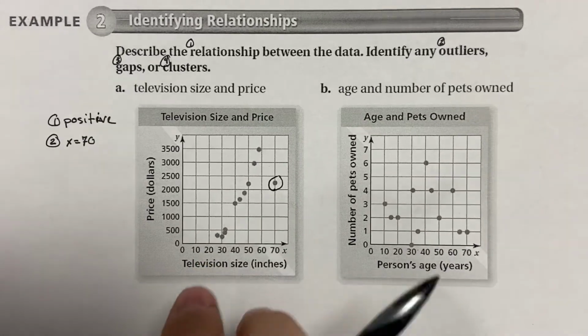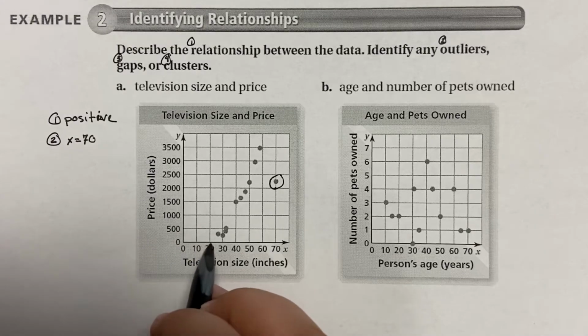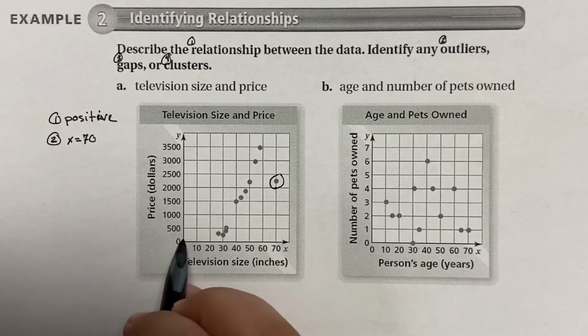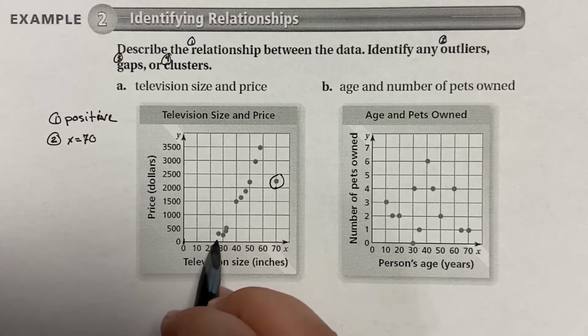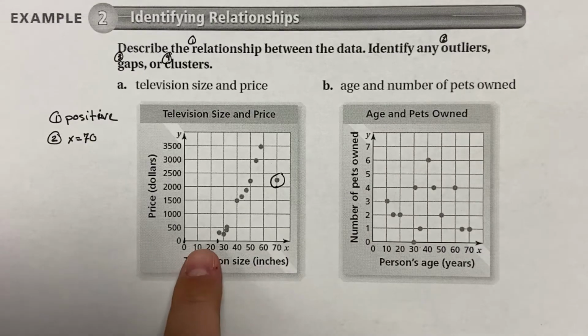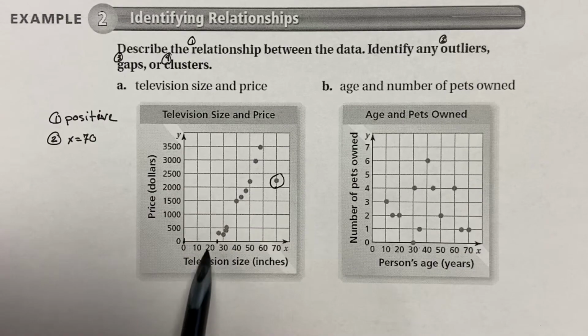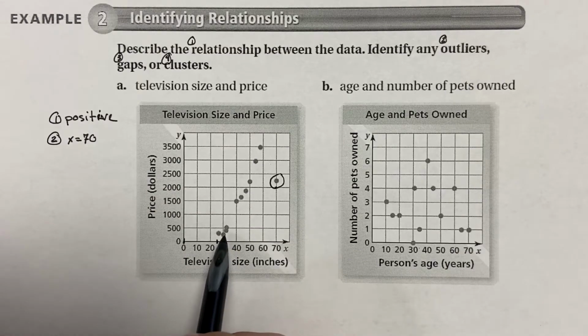Now, as we're looking here, we're looking for any gaps. I have to look at this two different ways. As I go along the x-axis, technically it looks like I have a gap here and here because nothing is happening, because I'm looking up from the x-axis. The problem is we can't call that a gap because our data never actually started.